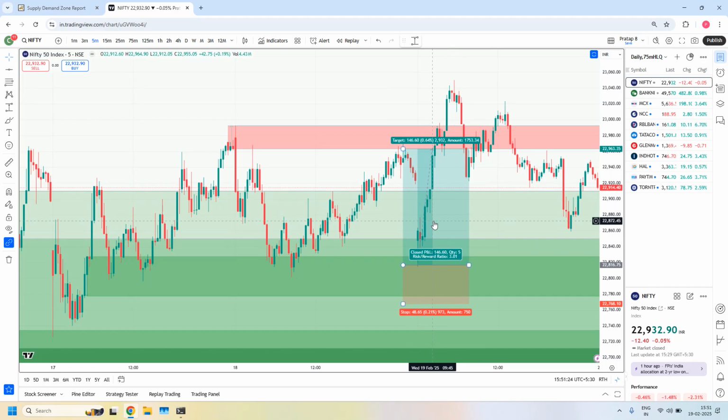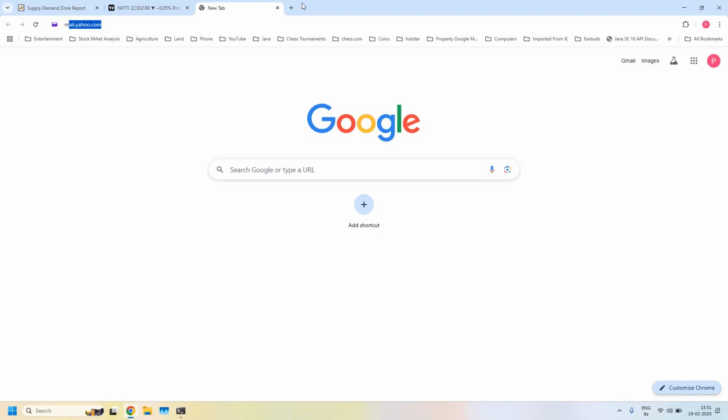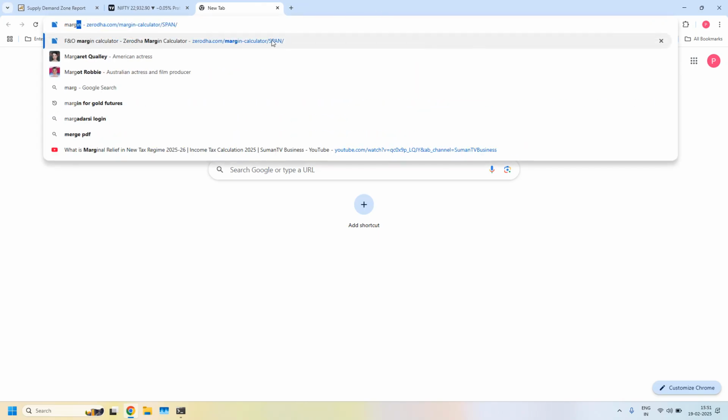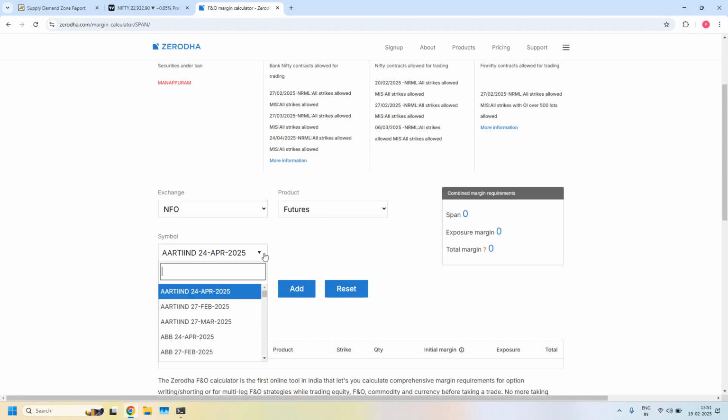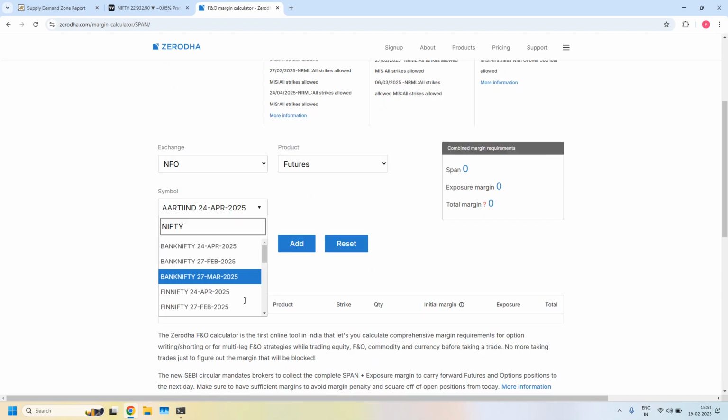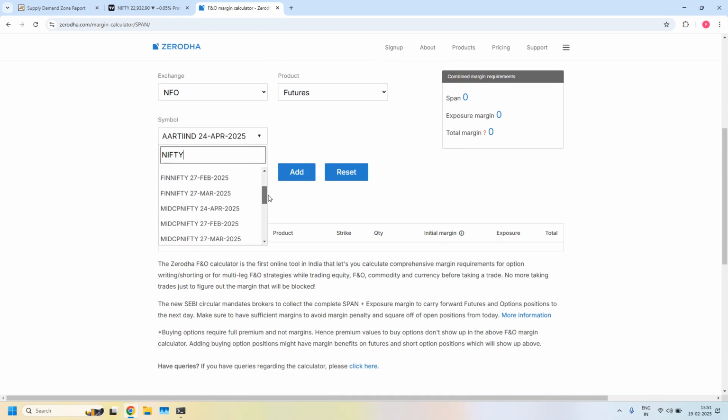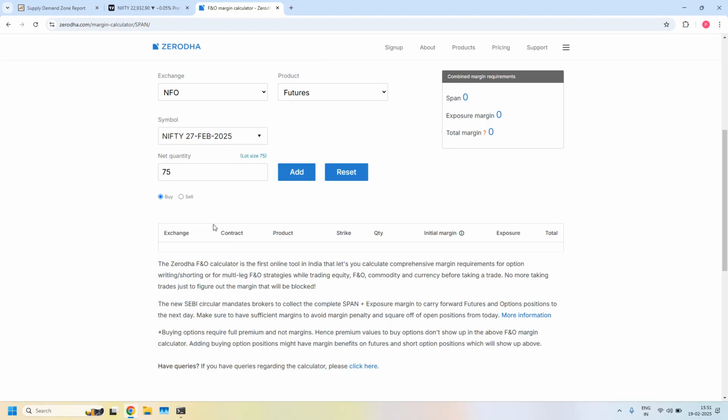What could be the profit? What could be the ROA? Let us check. Let me open Zerodha's margin calculator. Nifty 50. So I am taking the Nifty 27th February 2025 futures expiry date.